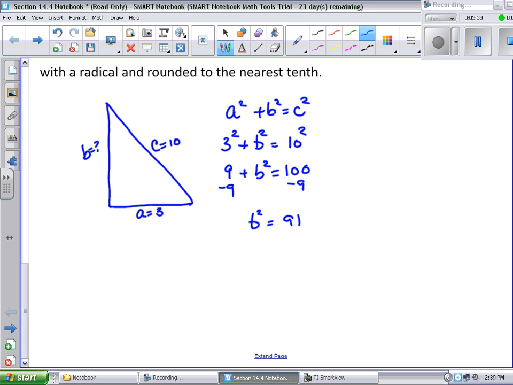So now I have B is equal to the square root of 91. I only want the positive square root. I want to round this off to the nearest tenth because it asked me to round it off to the nearest tenth.